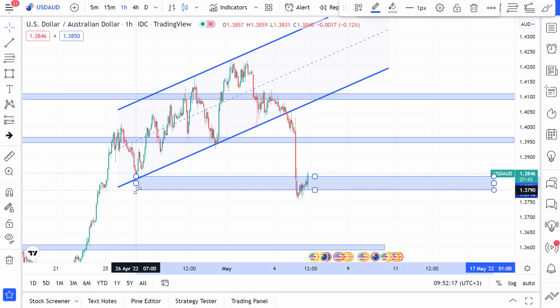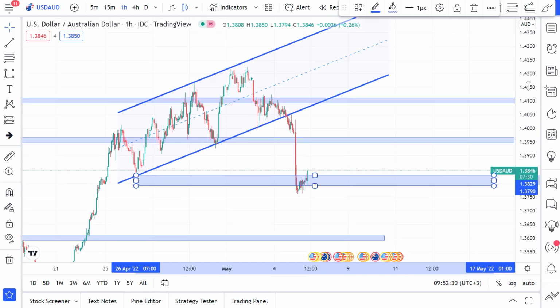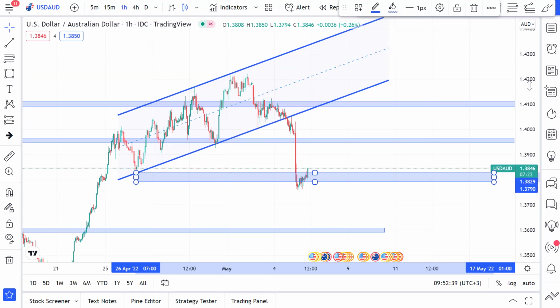What we see is maybe a pullback to this line, and maybe the rest of the bearish trend, because the Bank of Australia had increased the rates, and the Australian dollar is getting more powerful.